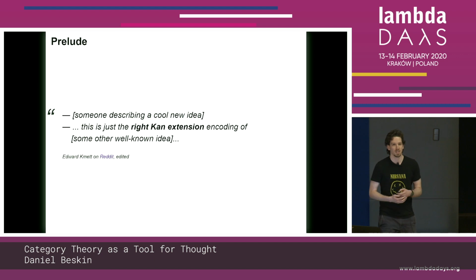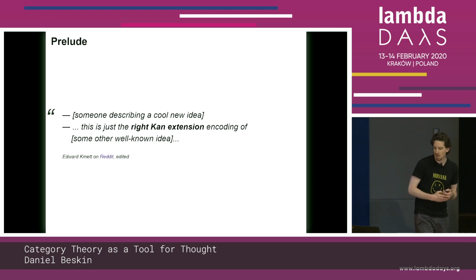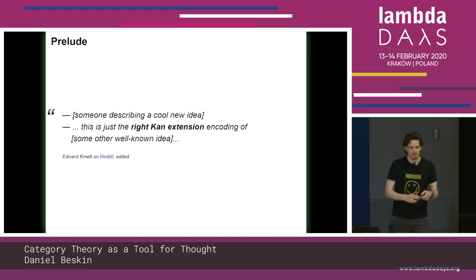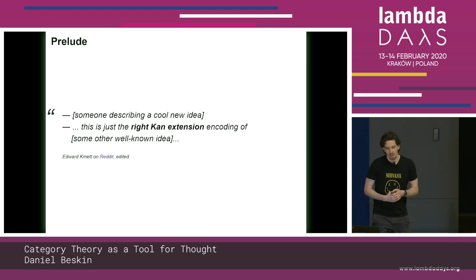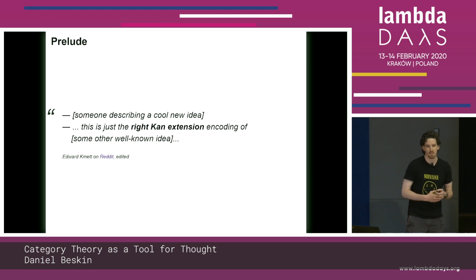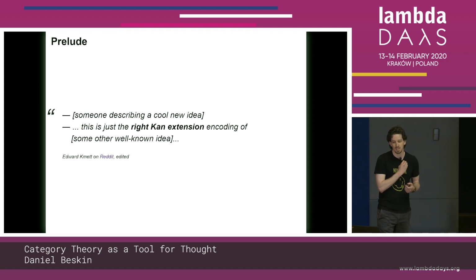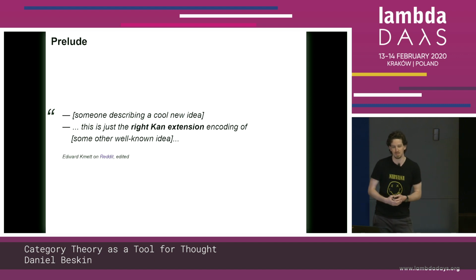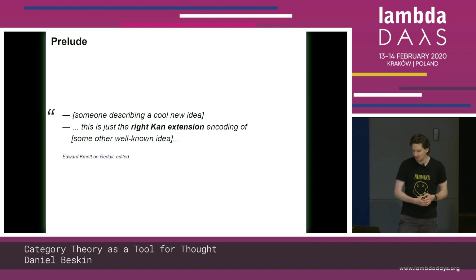Someone is telling us how they discovered some cool new idea that can be used in functional programming, and Edward Kmett says that this is just the right Kan extension encoding of another well-known idea. When I see something like this, although I have no idea what the Kan extension is, the first thing that comes to my mind is: is there a left Kan extension? Would using that give us another useful, cool new idea in functional programming?